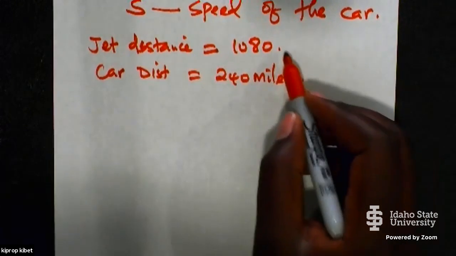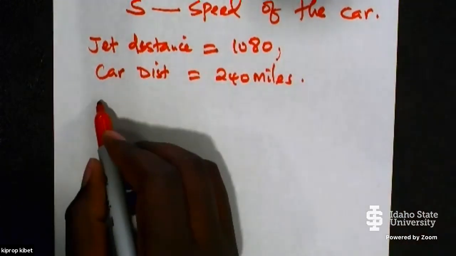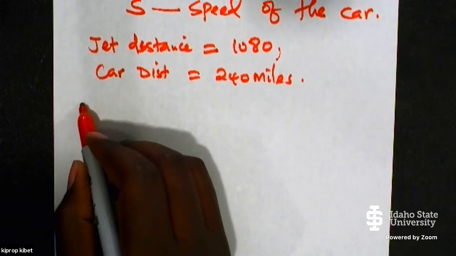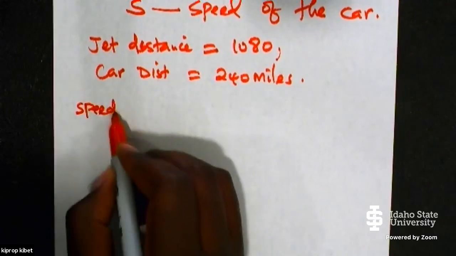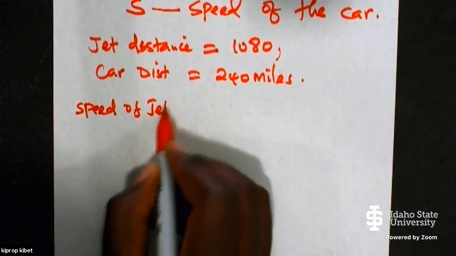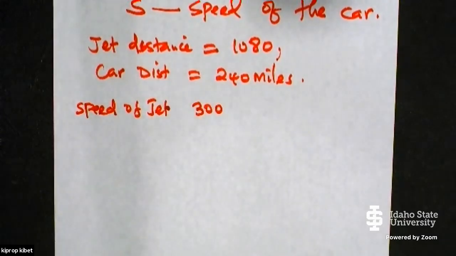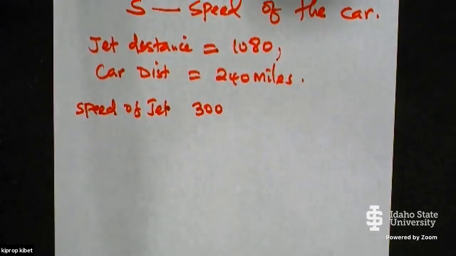The jet goes 300 miles per hour faster. So the speed of the jet is 300 miles faster than the rate of the car. So what is the speed of the jet?